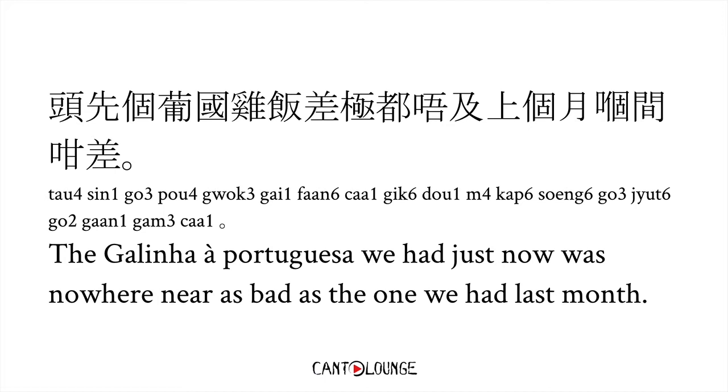Does that make sense? So let's do that again. 頭先個葡國雞飯, the galinha portuguesa that we just had, however bad it was, 差極都, because 極 represents a limit. So up to the limit, to the ceiling, that it was bad. It wasn't as bad as 上個月嗰間咁差, the one we had last month in the other restaurant.